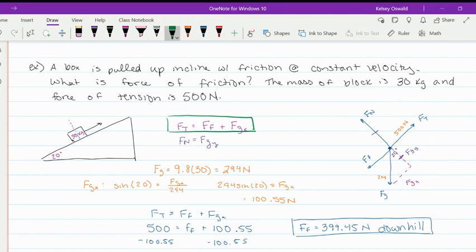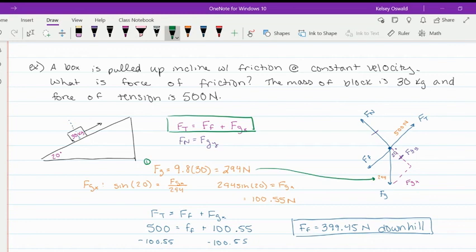How much of that force of gravity is pulling it downhill? So our first step is to use our force of gravity equation, that our mass times 9.8 is equal to our force of gravity. So we found that the total force of gravity acting on this object is 294 newtons. Remember, we put our actual value on the hypotenuse of that triangle.